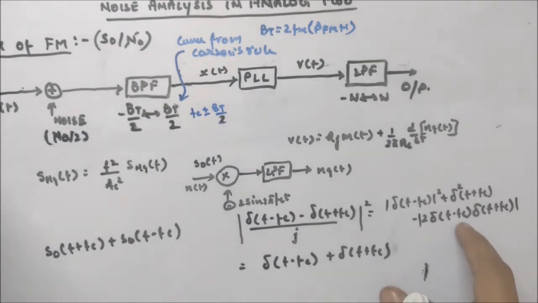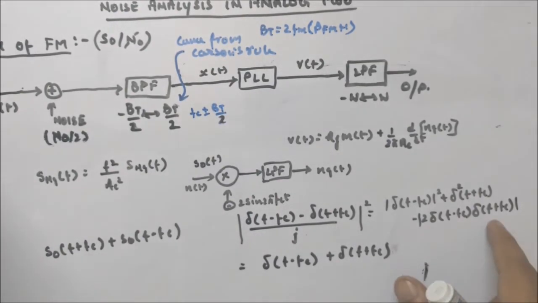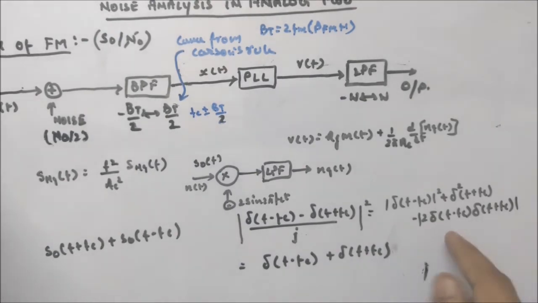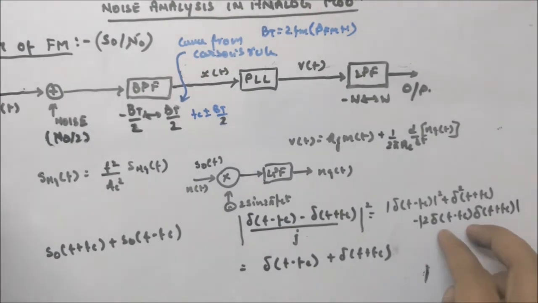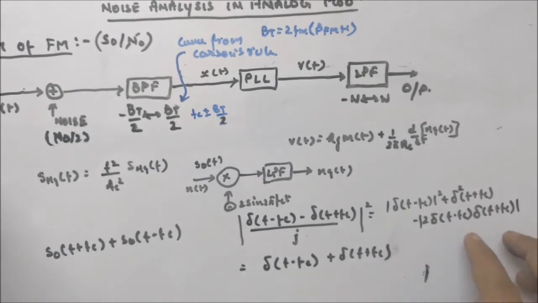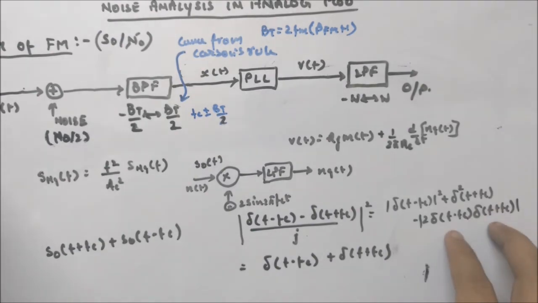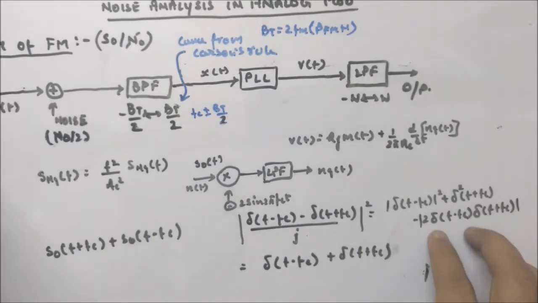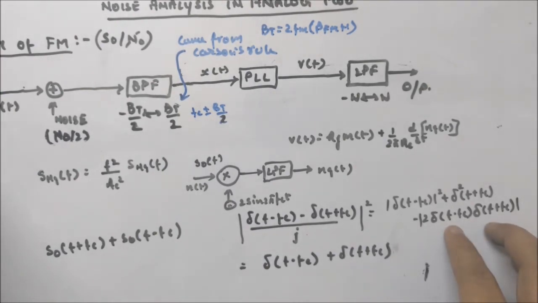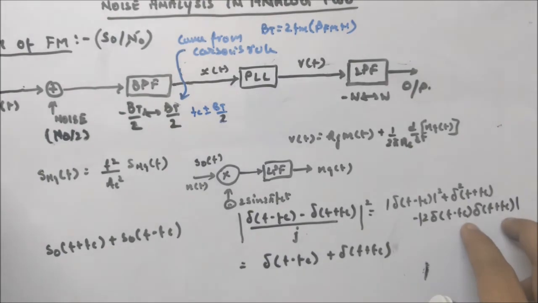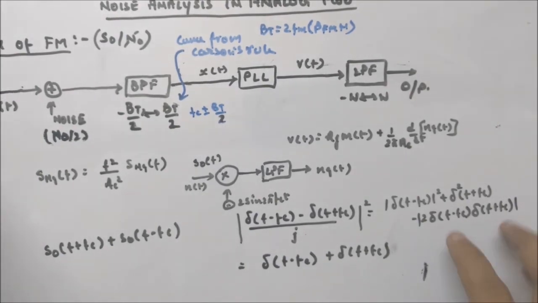So other than the 0 value, these two terms will not both give values. Either this will be 0, or this will be 0, or both will be 0, but both will not give any value other than 0, except for frequency fc equal to 0.